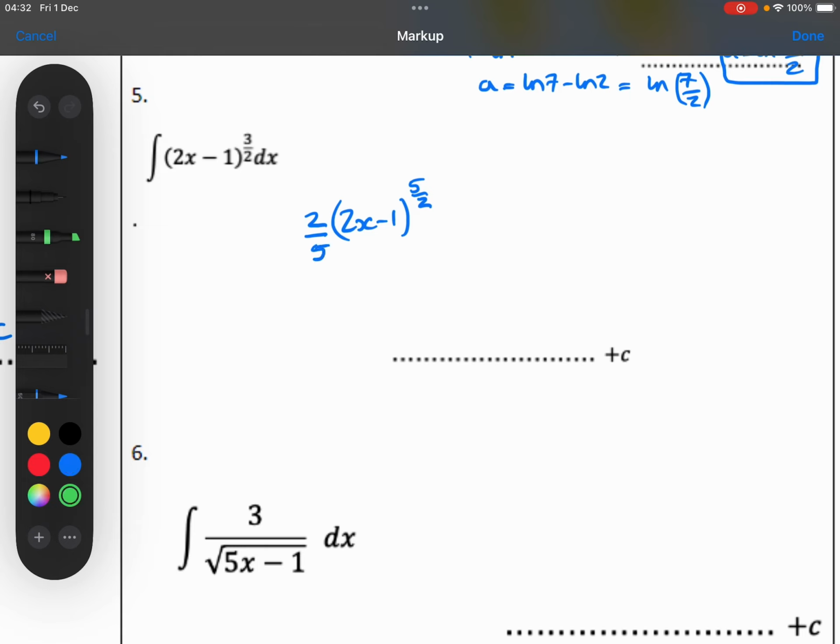And also, because of the 2 on the inside here, I need to divide by 2. The half of the 2/5 is 1/5. And then I've got the 2x minus 1 to the power of 5 over 2, and my plus c is already there. So that is question 5 then.